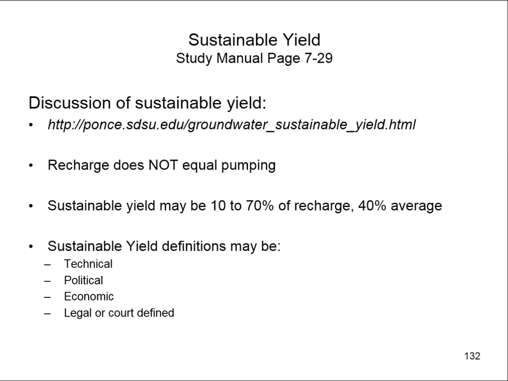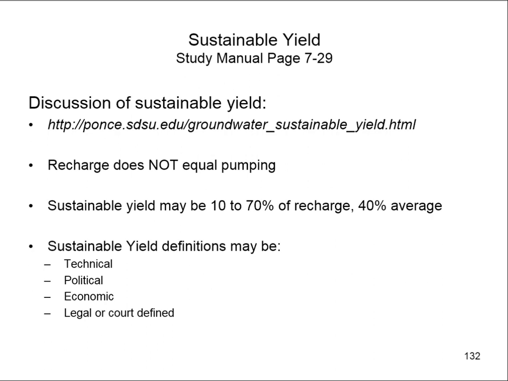Sustainable yield. This is a term, it used to be called safe yield, and the term was used in the sense that if I pump at the same rate that I recharge, that's going to be safe. But thinking about our budget, remember we have underflow in minus underflow out.